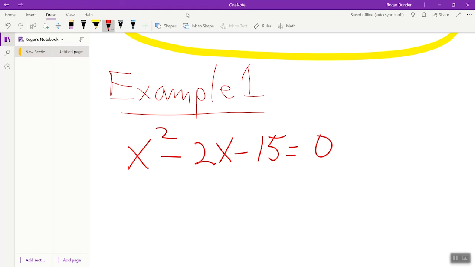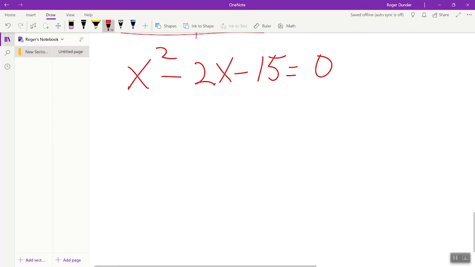So we use our quadratic formula. Very simple. x is equal to minus b. What's b? This is b right here. What's a? a is right here in front of x squared. It's 1. And c, of course, is right here.